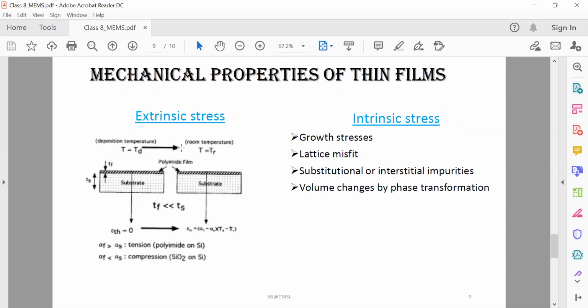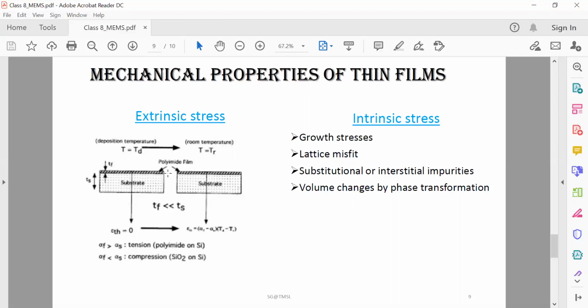And what is the extrinsic stress? This is the silicon substrate, you can see in this diagram, and this is the thin film, the upper portion, for example a polyimide film. The polyimide film you are depositing on the single crystal substrate.